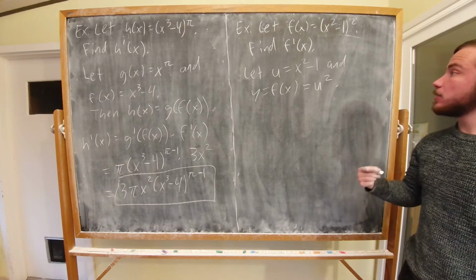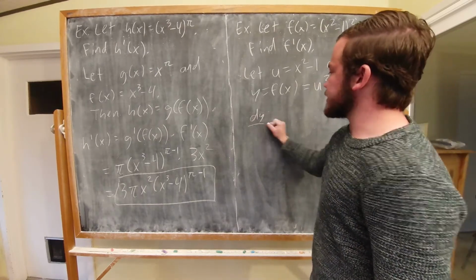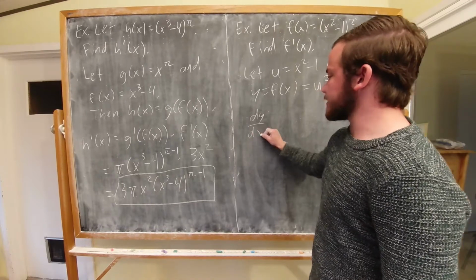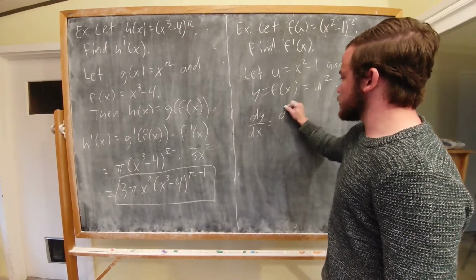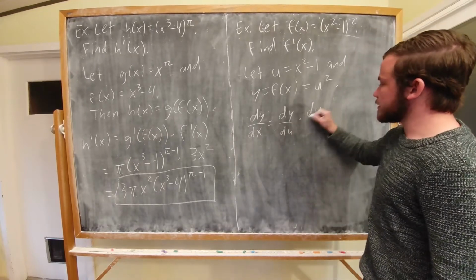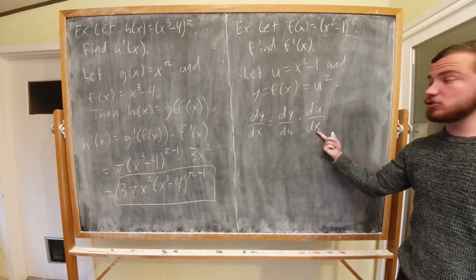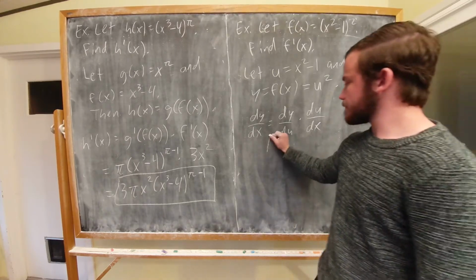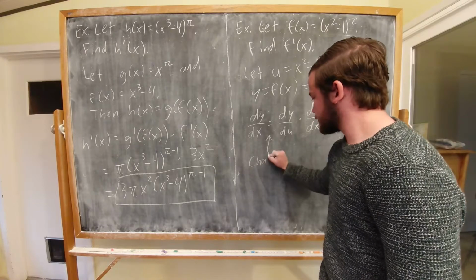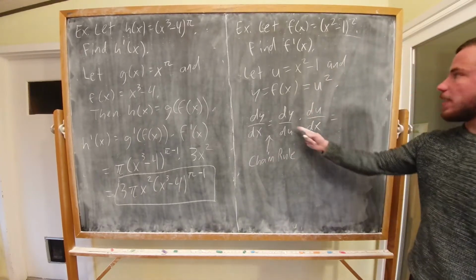All right. Well, now dy dx is just equal to dy du times du dx, right? That is the chain rule. But what is dy du?